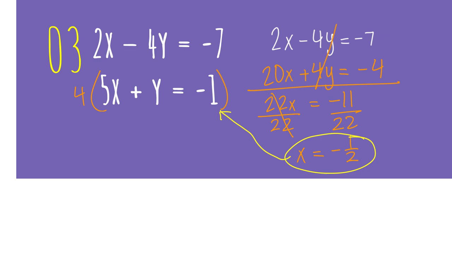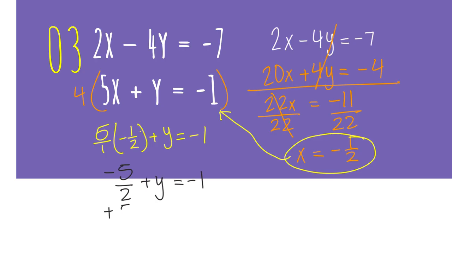So for this one, I'm going to have 5/1 times -1/2 plus y equals -1. Solving this, I'm going to have -5/2 plus y equals -1.